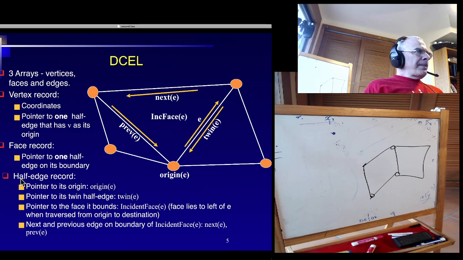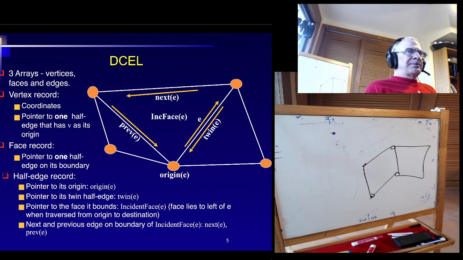A half-edge should record a pointer to the origin, so it knows the vertex of origin of the half-edge. Because the half-edge is oriented, its origin is quite clear, no confusion between the two vertices. It needs a pointer, and pointer here just means the index in the array.